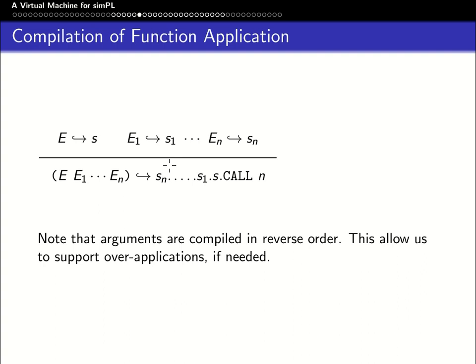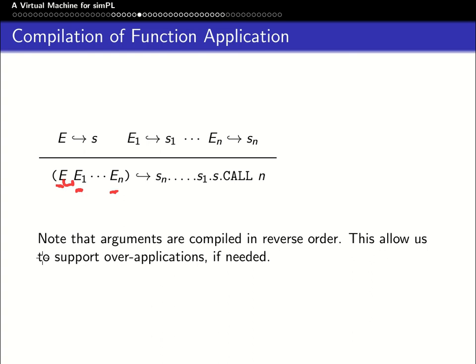Now, we have a stack machine, right? So our way of dealing with operands is a stack. So the function should be no exception, right? A function is essentially the function application, which is what we're translating here. We're assuming that E evaluates to a function, and E1 up to En evaluate to the arguments to the function, and we're calling E with the arguments E1 up to En, right? And we can think of this space here as being an application operator, the call operator.